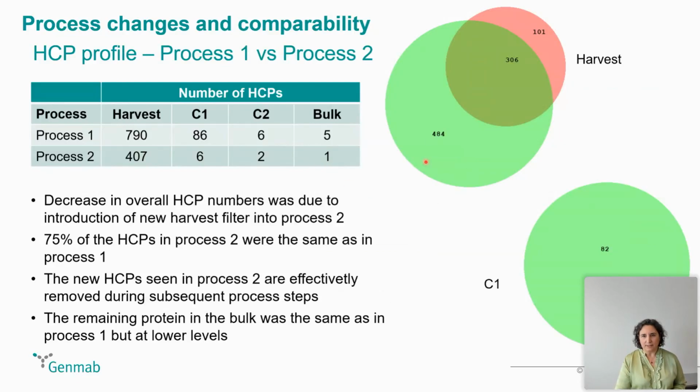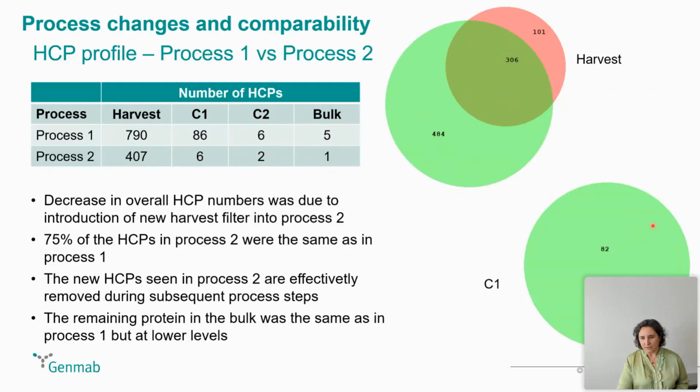And when we compared the type of HCPs that were in harvest, we could see that most of the HCPs, around 75%, were the same HCPs in both processes. However, there were about 100 new HCPs that were not present in process 1.